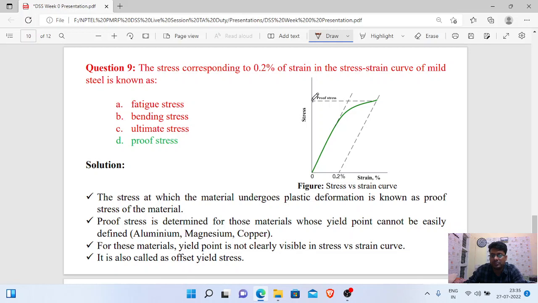Whatever stress we get here is called proof stress. For these materials, the yield point is not clearly visible in the stress versus strain curve, and you have seen that these two lines are offset to each other, so it is also called offset yield stress.